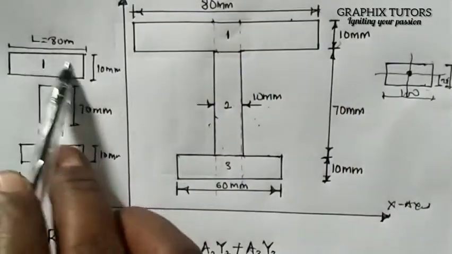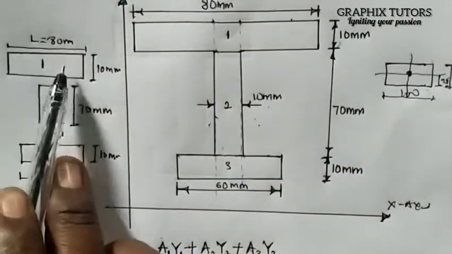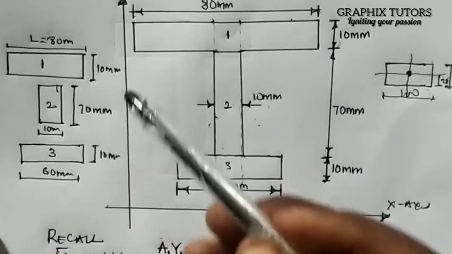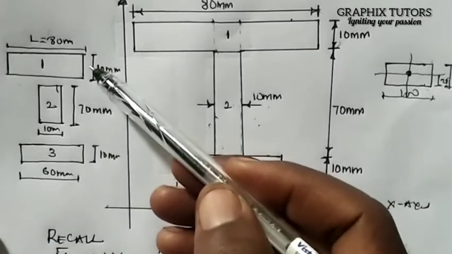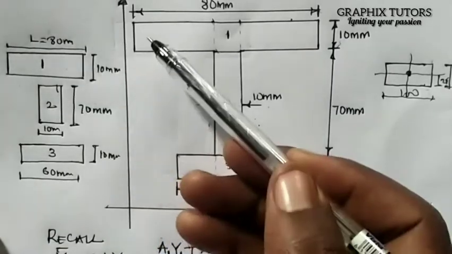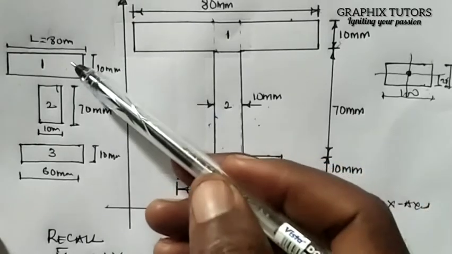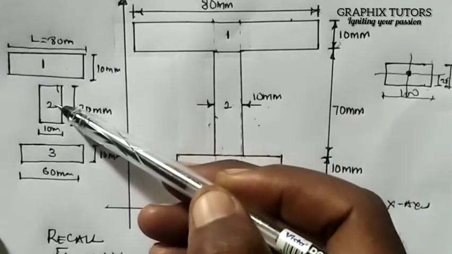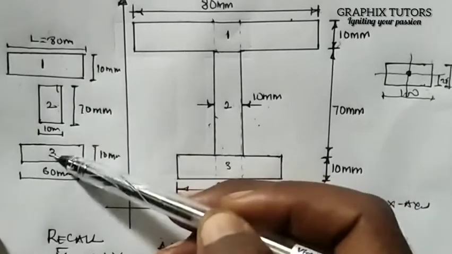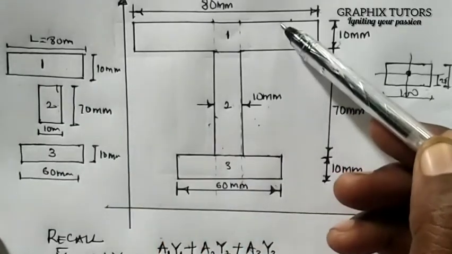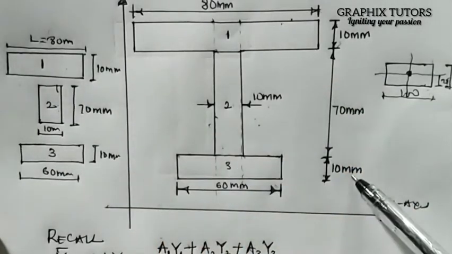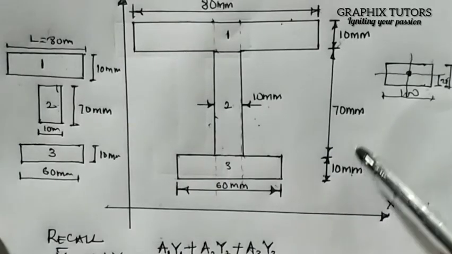Let's continue to break them down. Y1 is just like you are on the second floor. This one is dependent on 2 and 3, because without 2 and 3, you cannot rise to 1, right? So you need to travel 70 plus 10 millimeter.